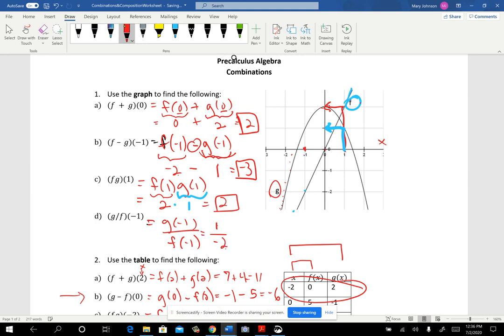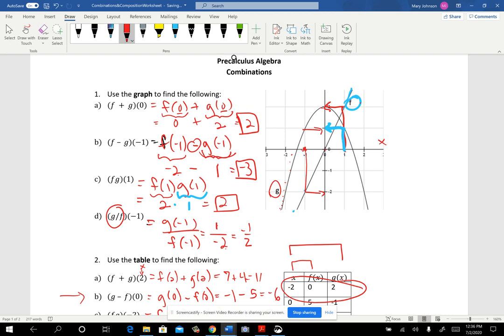So 1 divided by negative 2, that would be negative 1/2. Okay, so we went to negative 1, and the g of negative 1 was 1, and the f of negative 1 was negative 2. And then you just simplify it. And do make sure you put the g function on top. Okay, so that's combinations of functions.